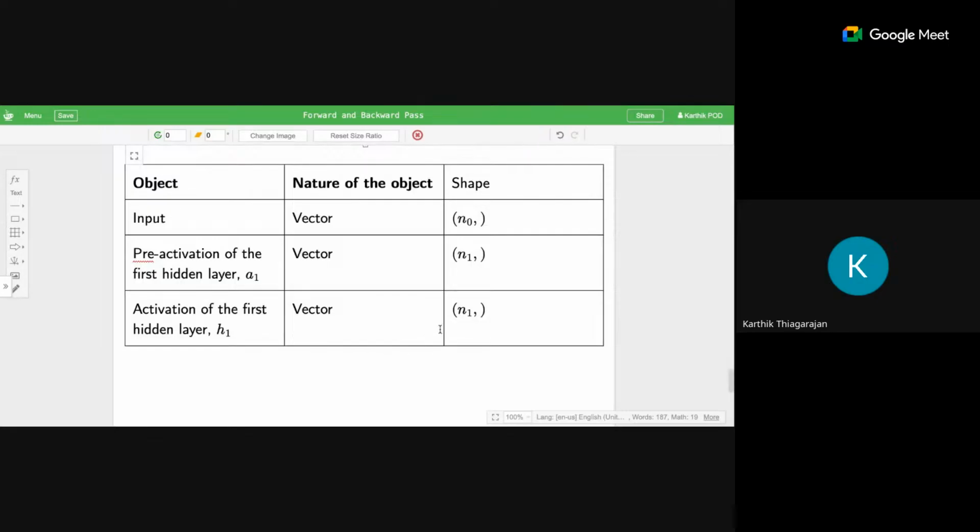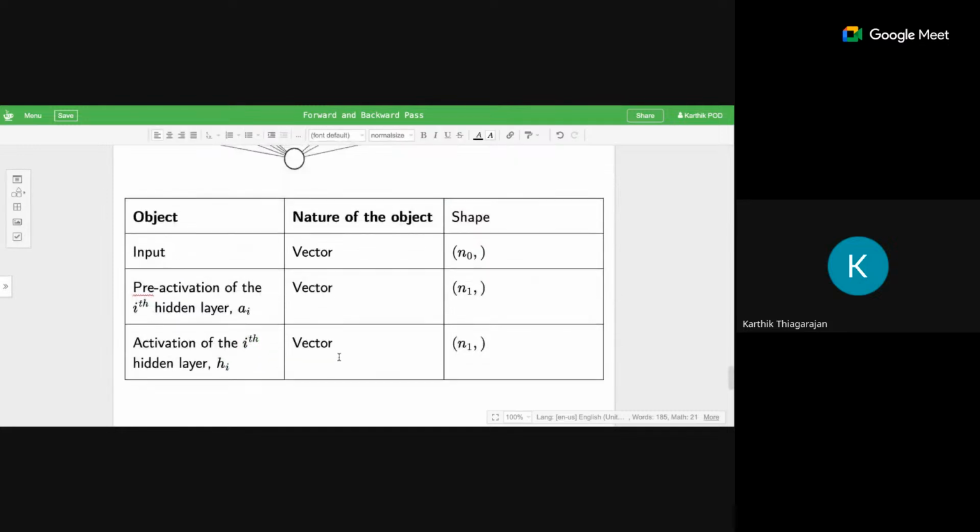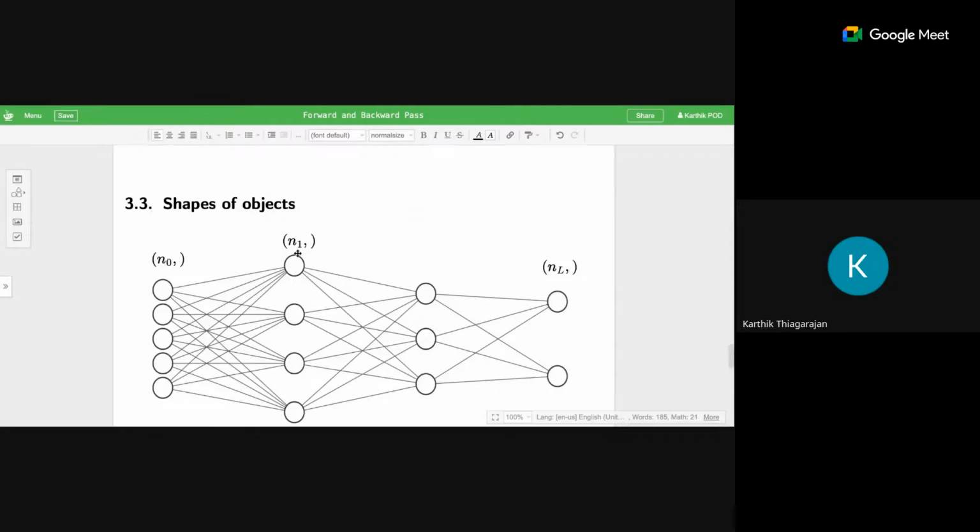Now these are all vectors. I'll just call this the ith hidden layer. So that will change this to Ai, and the activation of the ith hidden layer will become Hi. So the first hidden layer is A1, H1.